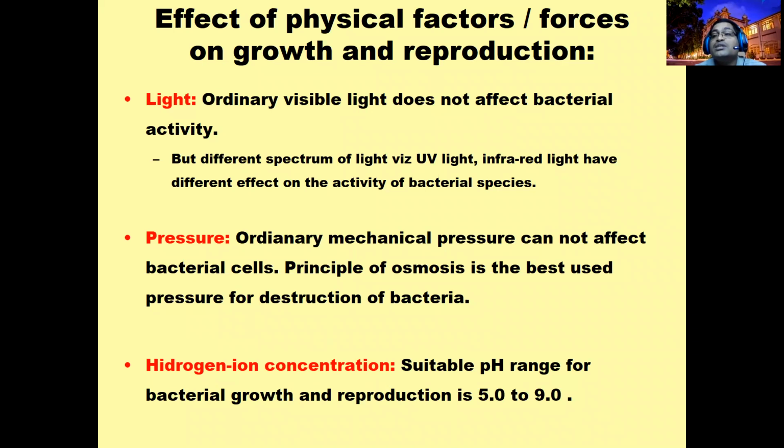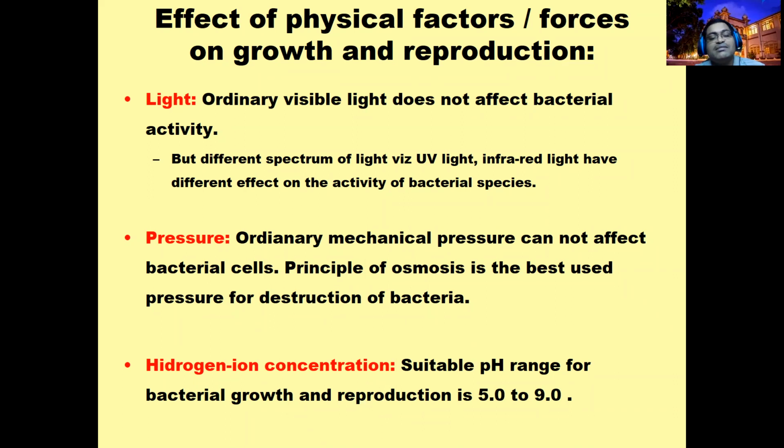That's why we use reverse osmosis, increasing the pressure to remove bacteria and other things through a semi-permeable membrane. We use this principle for reverse osmosis to filter out bacteria by using pressure. And hydrogen ion concentration, we call it pH.